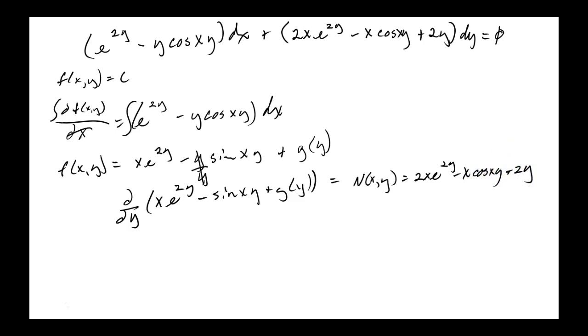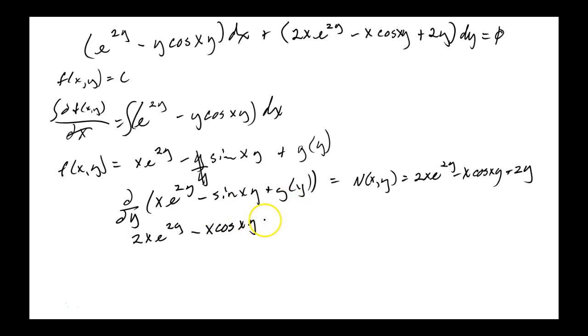Let's take the partial of this first. What do you get? 2x e to the 2y. Okay? Minus cosine xy with an x in front.